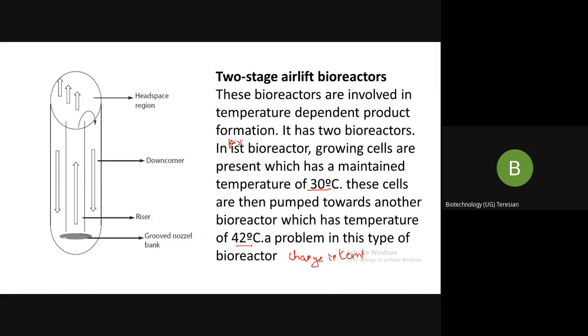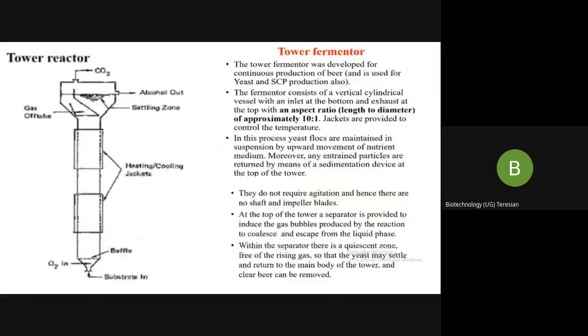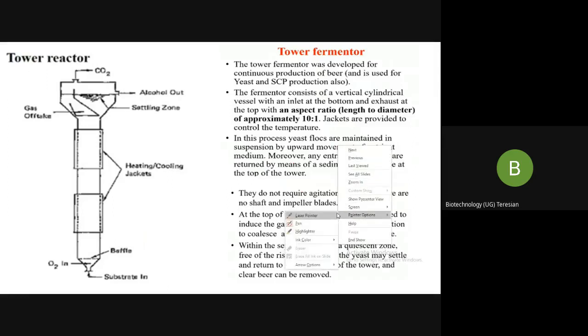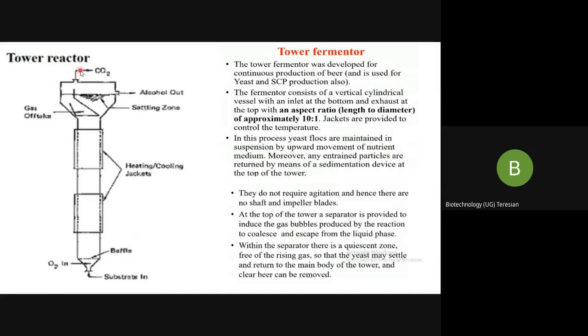So coming to the next, we have the last one, the tower fermenter. The tower fermenters are used to carry out continuous fermentation.